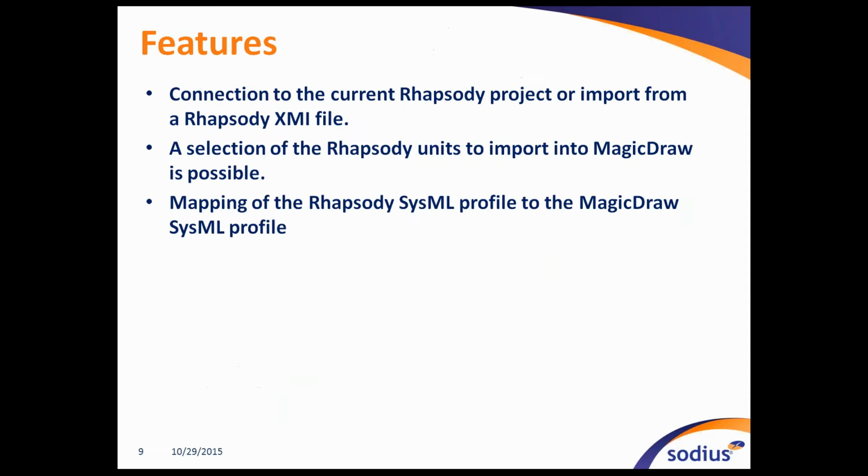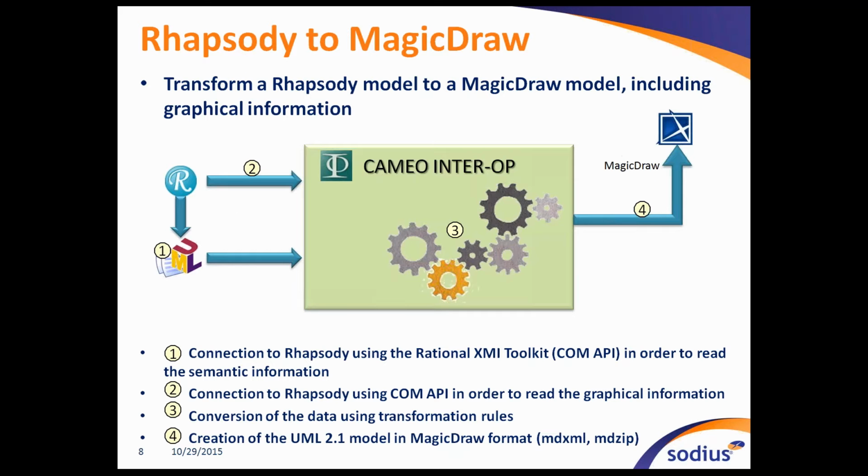In the second part, we connect to Rhapsody using the COM API in order to read the graphical information. We then convert the data using the transformation rules. So here we have transformation from Rhapsody to UML 2.1. And after, we create the UML 2.1 model in the MagicDraw format.